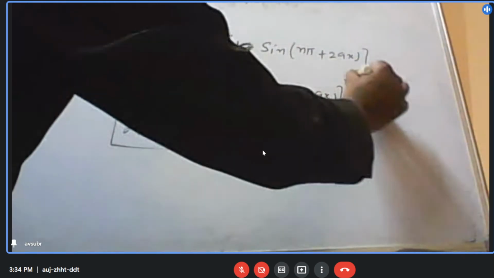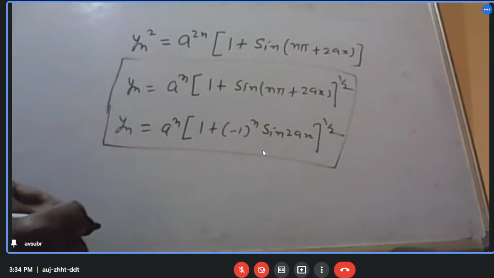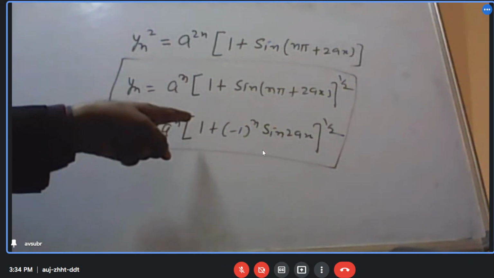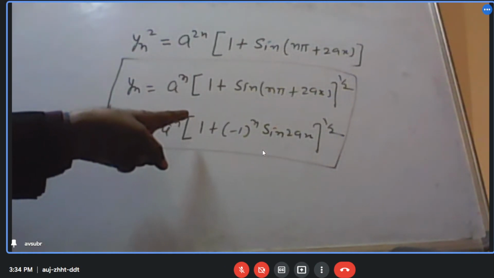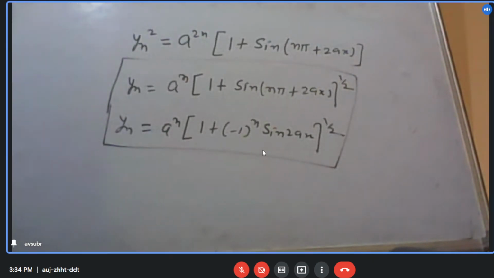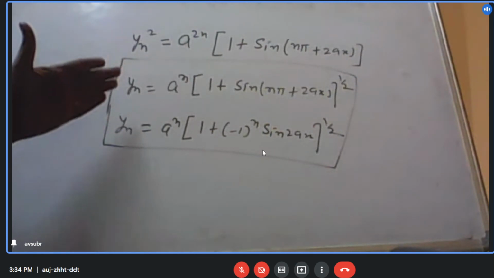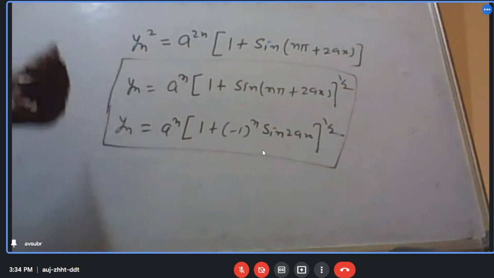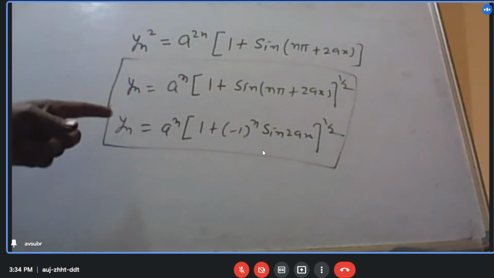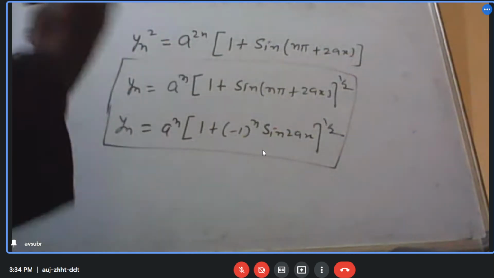Both are the same thing. So this is how we can solve for the nth derivative of sin ax plus cos ax.